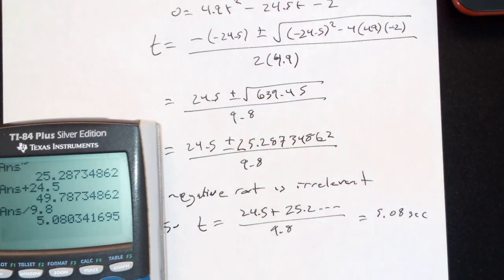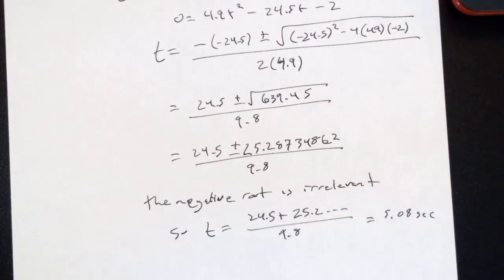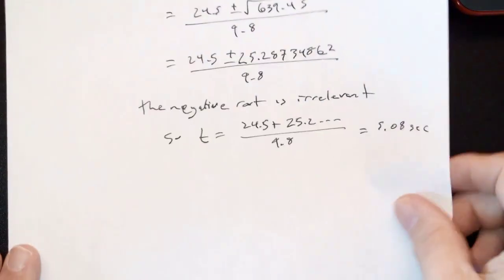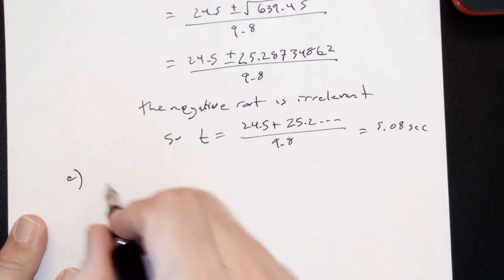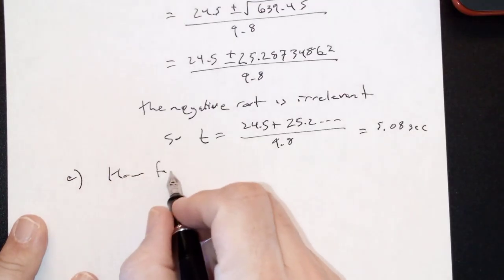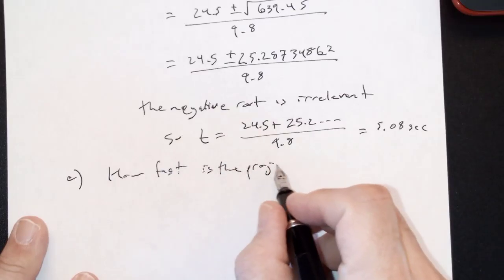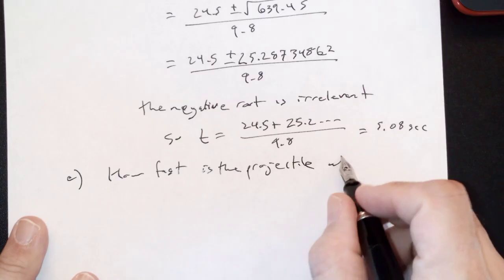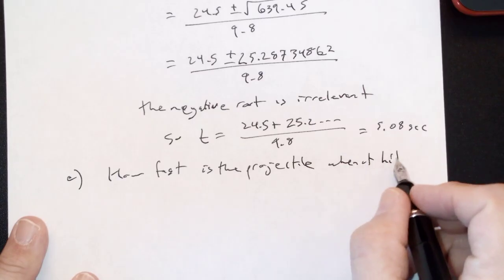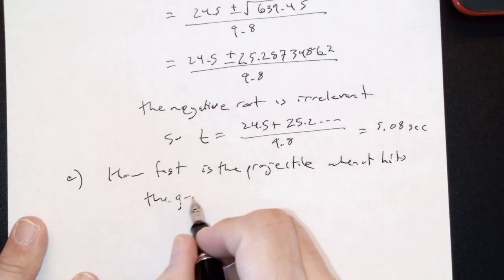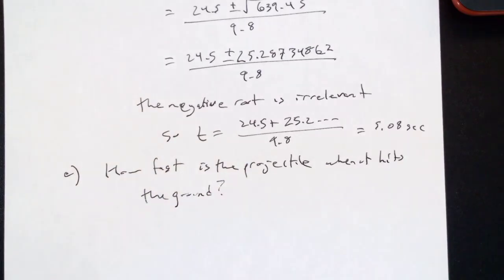Okay, how fast was I going when I hit the ground? I take this time, 5.08 seconds, and I put it in my velocity equation.